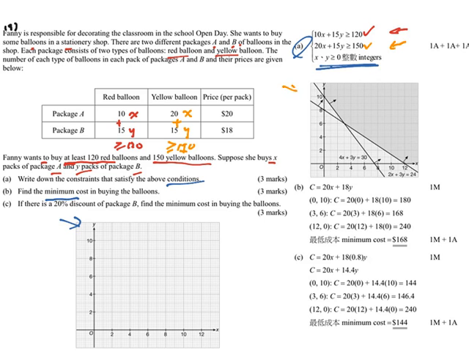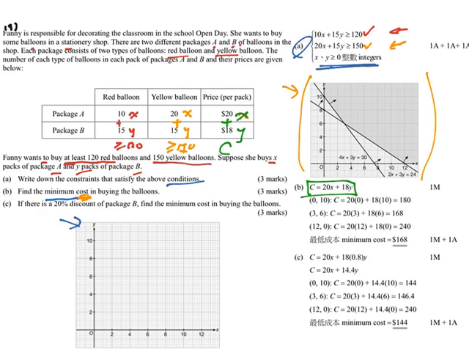After plotting this, you can get this graph. Next, we will use the price because you need to find the minimum cost. So that means we need to find 20x plus 18y. Add them, it is the cost.